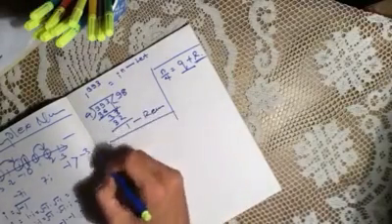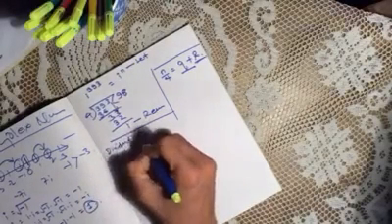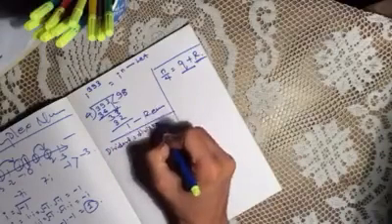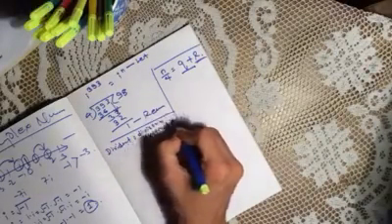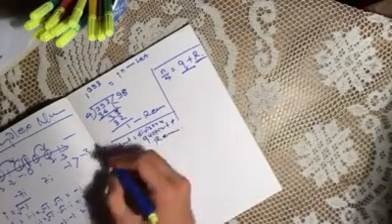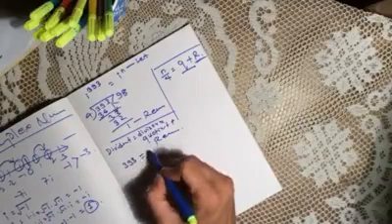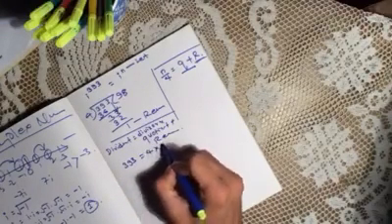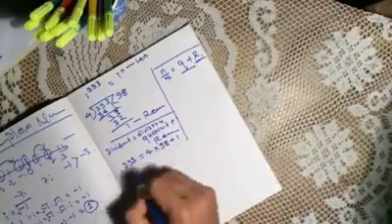So let's have a look here. Dividend equals divisor times quotient plus remainder. So here 393 is the dividend, 4 is the divisor, 98 is the quotient, plus 1 is the remainder.